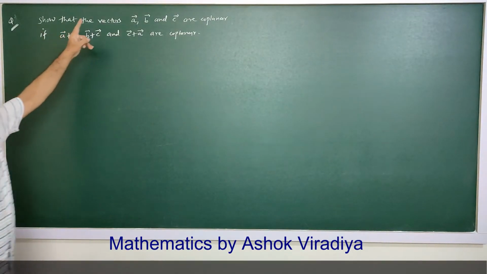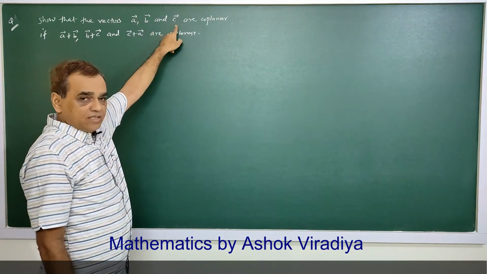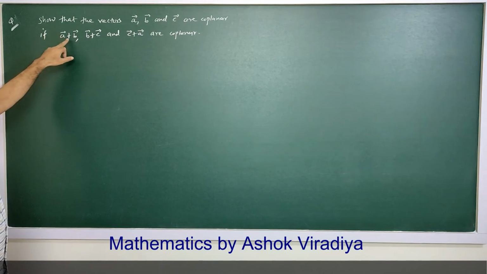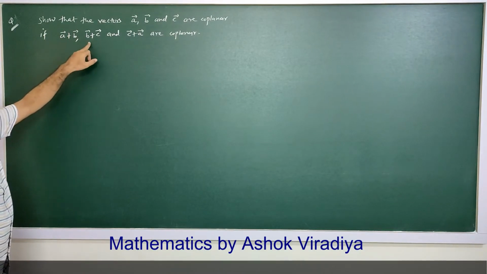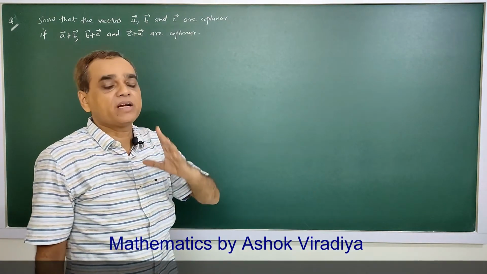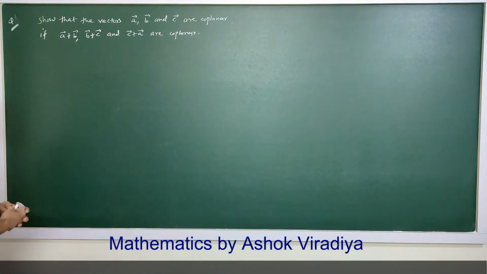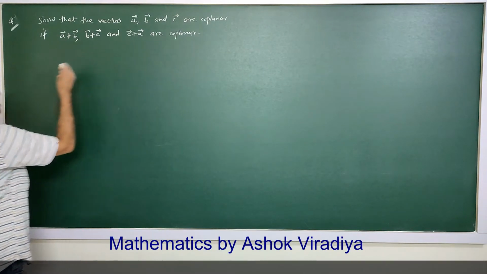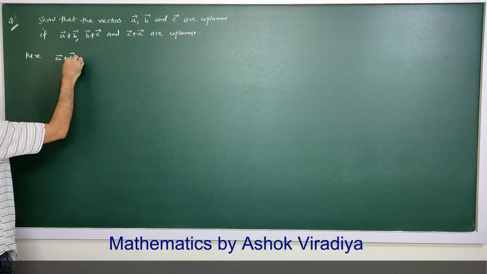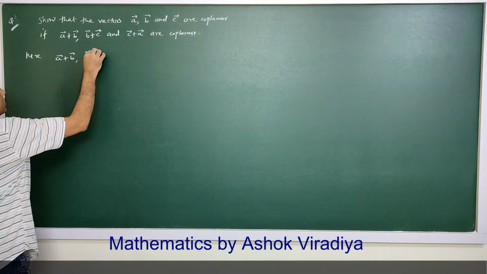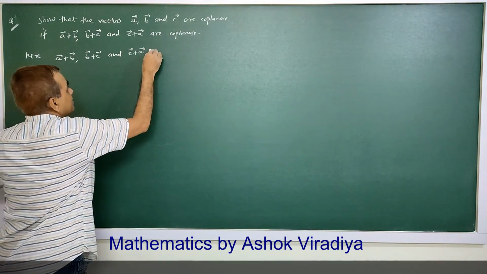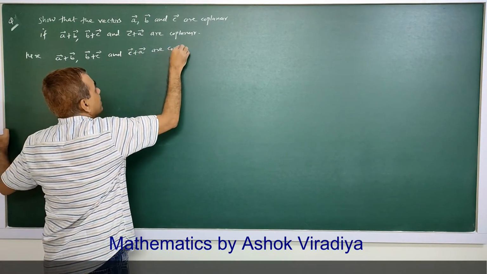Now, to show that vectors A, B and C are coplanar, given that vector A plus vector B, B plus C and C plus A are coplanar.